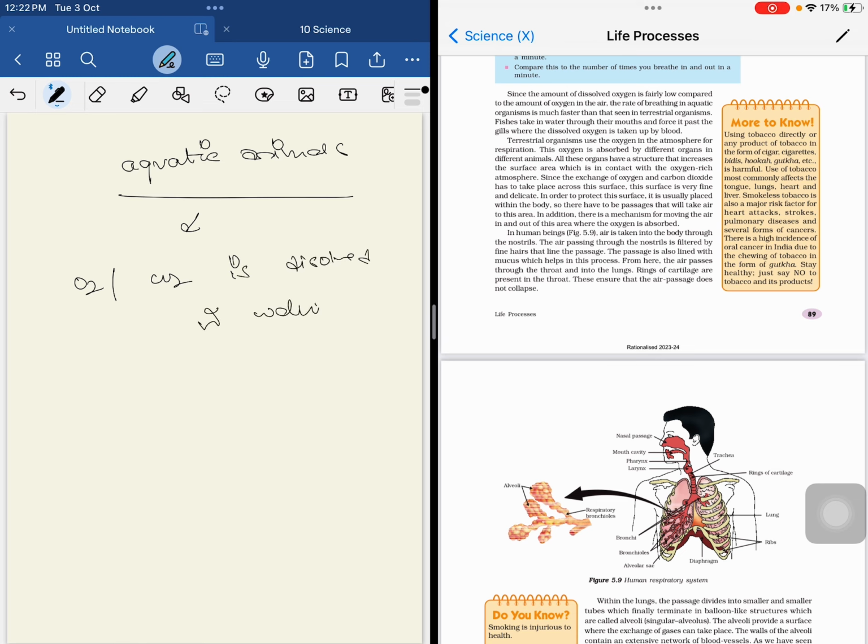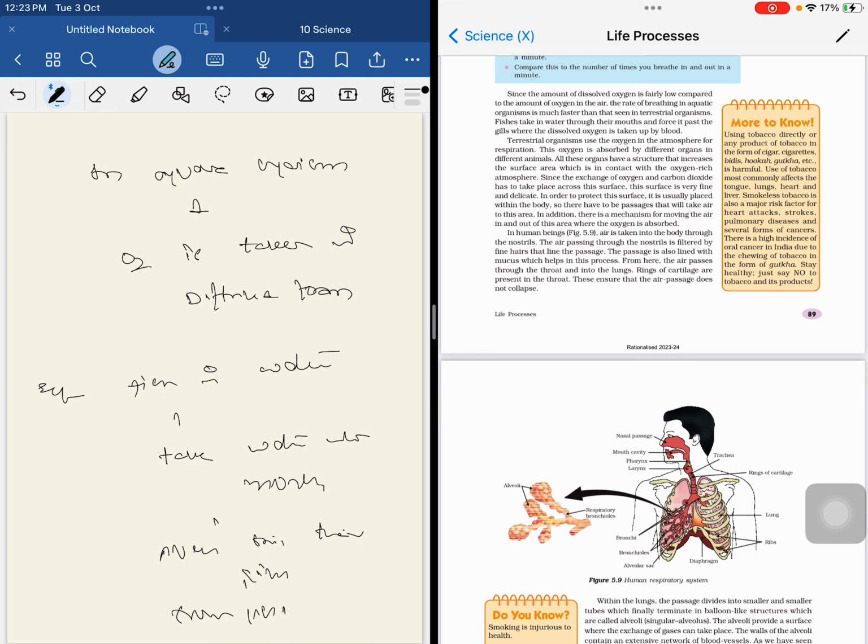For example, a fish in water takes water into its mouth, pushes this water to its gills, and from the gills it distributes oxygen and carbon dioxide.